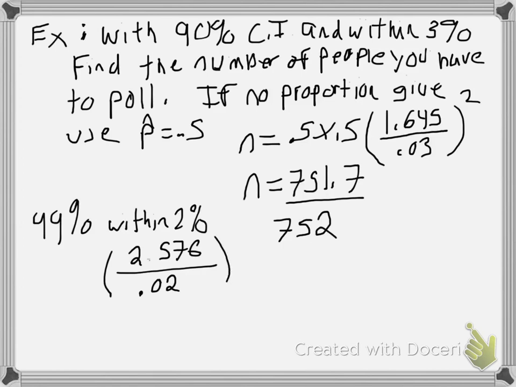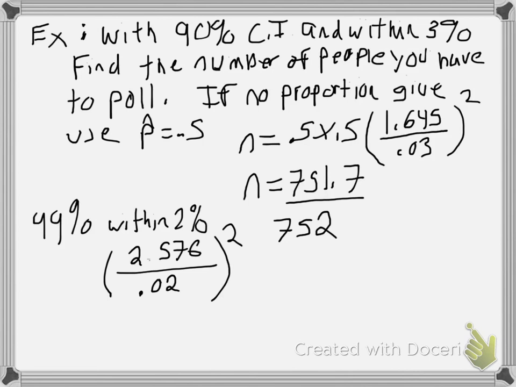Okay, let's see how this changes the number. So we're going to take our 2.576, we're going to divide it by 0.02. We're going to take that number and we're going to square it. And then 0.5 times 0.5 is still 0.25, so we'll multiply it by 0.25.